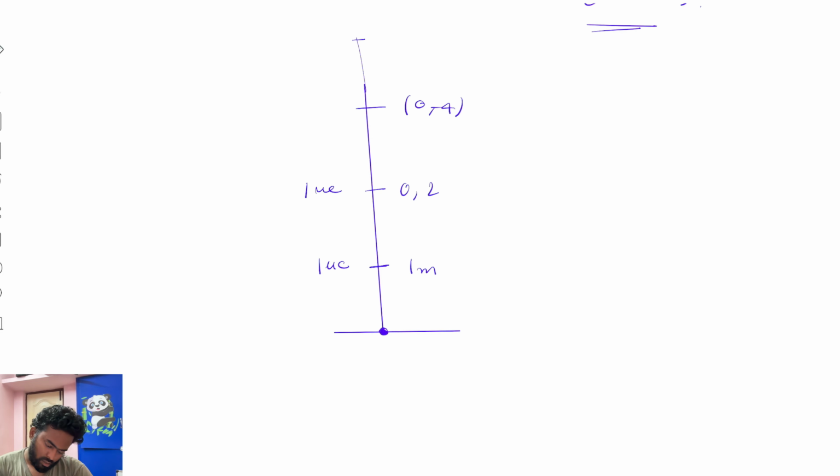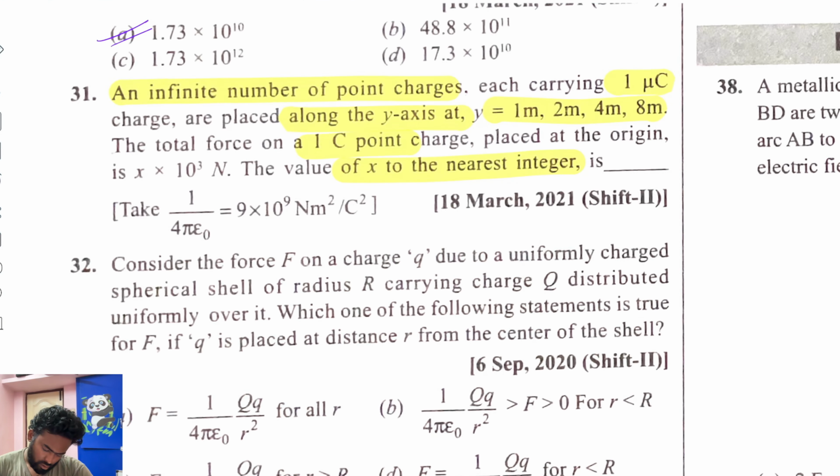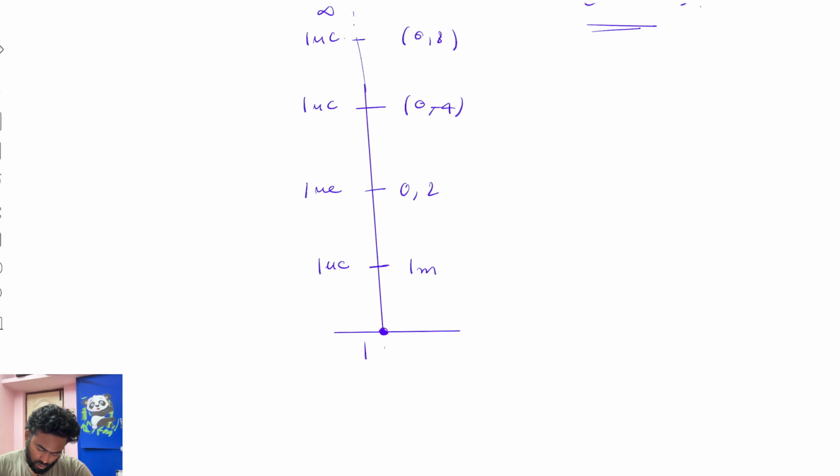On the y-axis we have a charge of 1 microcoulomb at 1 meter, then at 0 comma 2, 0 comma 4, and so on, 0 comma 8. It will keep on going till infinity. Each charge is 1 microcoulomb, and at the origin we have a 1 coulomb charge.